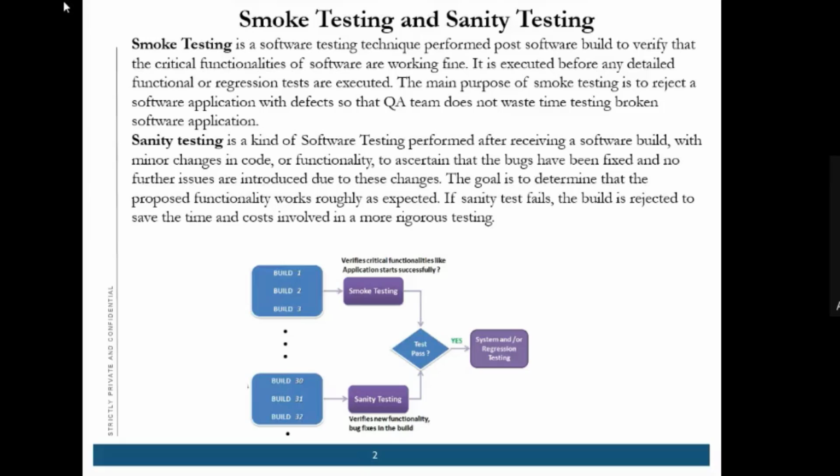So it is of no use accepting that build and going further with system or regression testing. We will straight away reject the build and give it back to the developer, telling them that these main functionalities are not working fine, so we cannot accept that build for further testing.